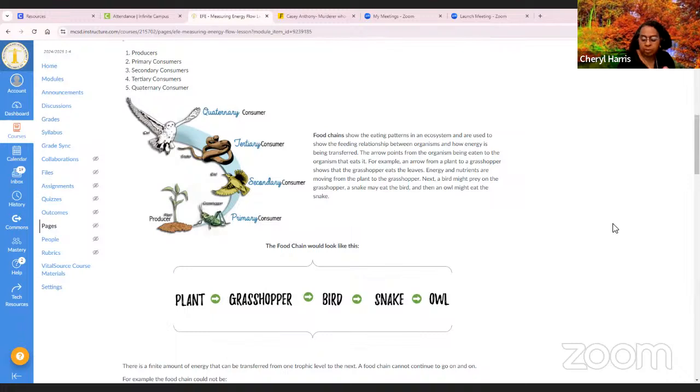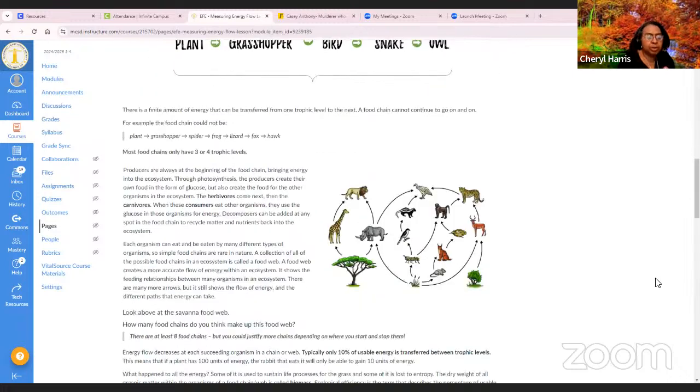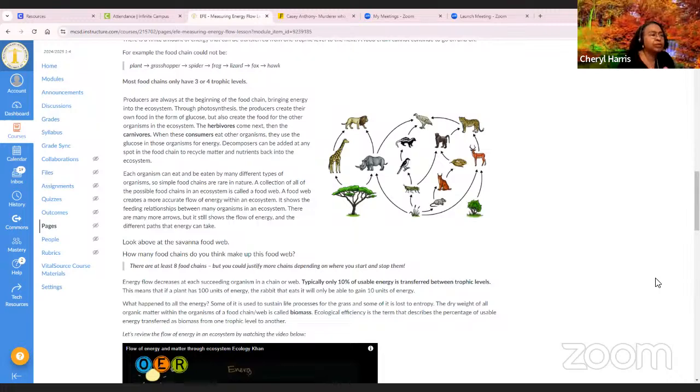I was doing an assignment with another class, and I found I need to clarify producers. So I'm going to do that with you all first and then allow you to read the next section. So read this part over while we're waiting next few minutes.